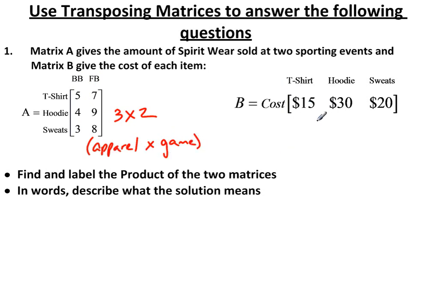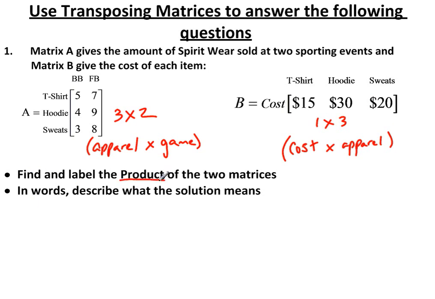When I get over to matrix B, this is a 1 by 3 matrix, 1 row, 3 columns, and the units, my 1 is cost. You could write money if you'd like. By, and if I look at the top, that's my apparel. This is going to come in very useful, especially when the problems get more complicated. The first thing says find and label the product of the 2 matrices, so that means we're multiplying.